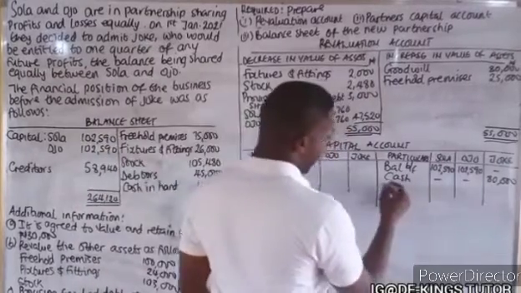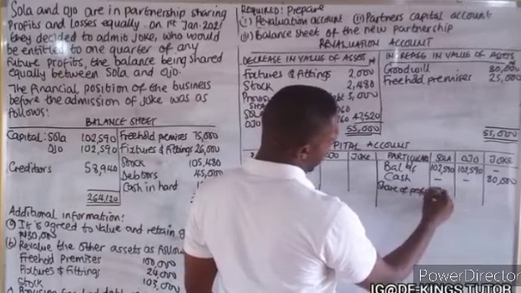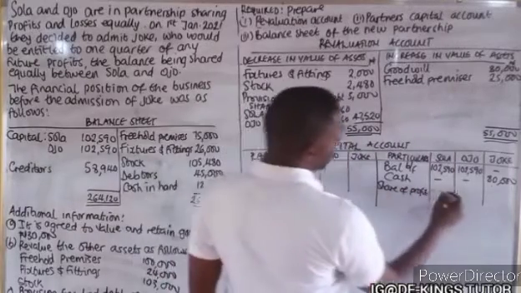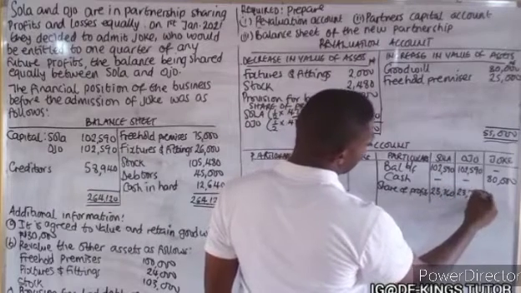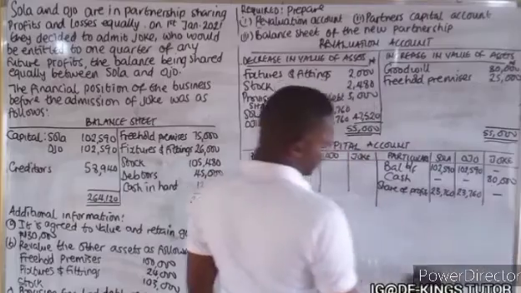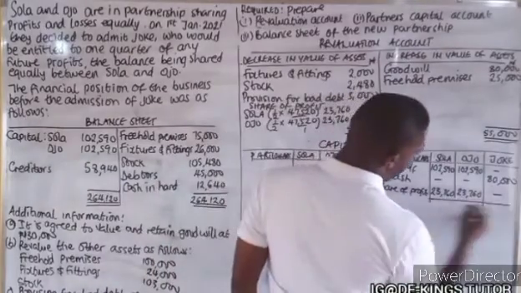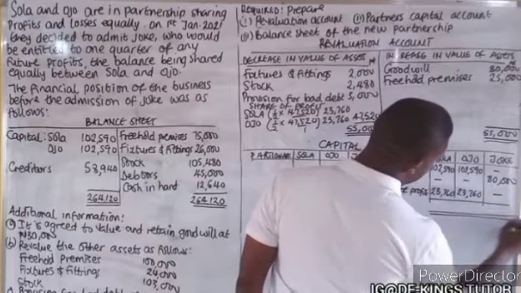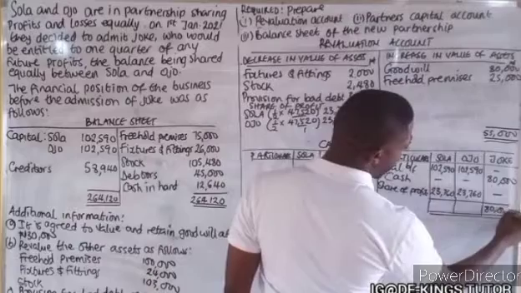So we'll have here share of profit, 23,760. And this, no share of profit. Okay? So that, we'll get the total. Total of this is 80,000.